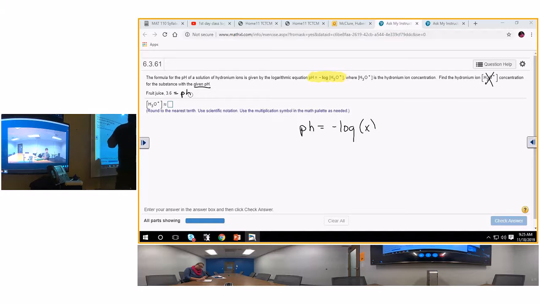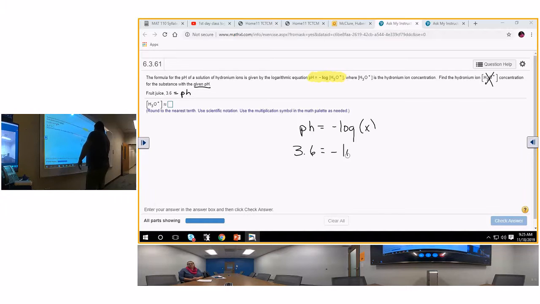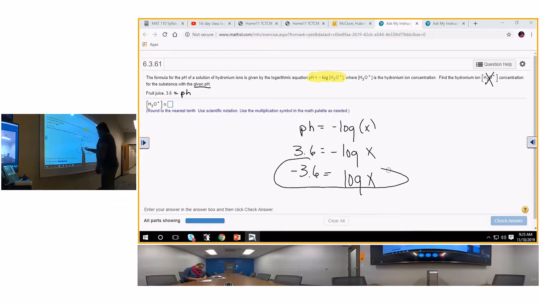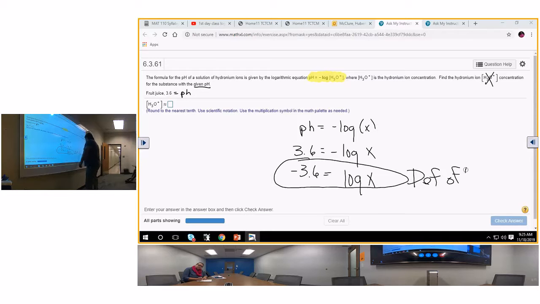3.6 is equal to the negative log of x. Log of x is equal to negative 3.6. Oh my gosh, what are we going to use? Definition of a logarithm. Good job. You're gifted and talented. Definition of logarithm. Okay, finish it.